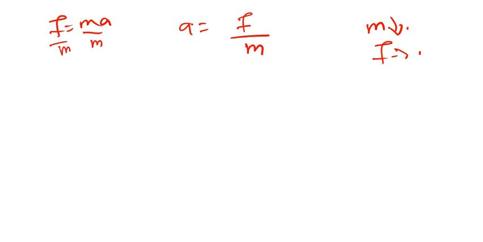From this formula, if we reduce the mass and the force remains constant, what happens to the acceleration? Do you think the acceleration is going to decrease, remain the same, or increase? What's going to happen, guys?